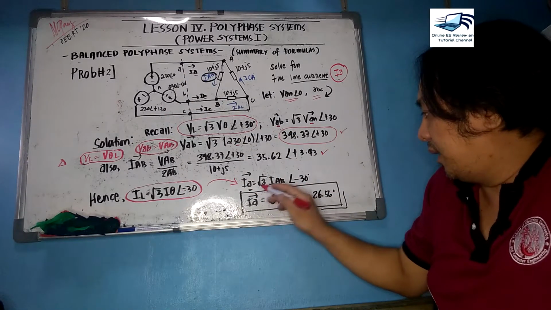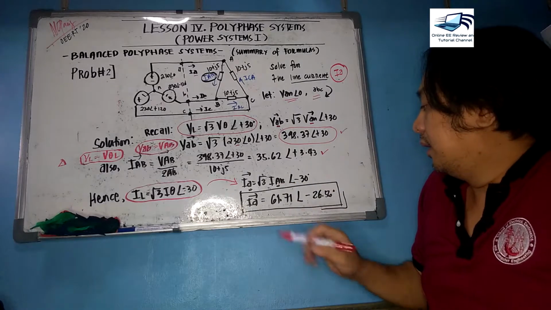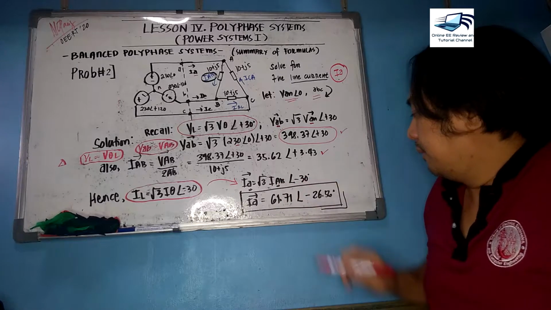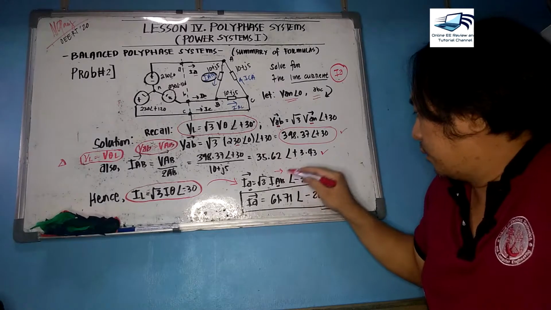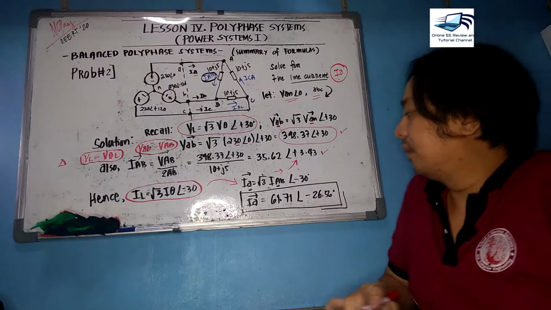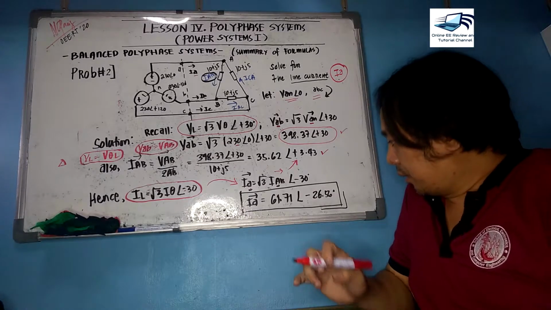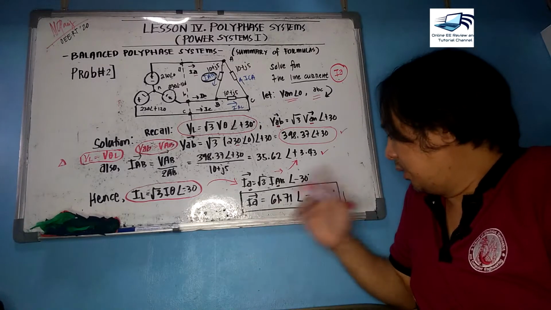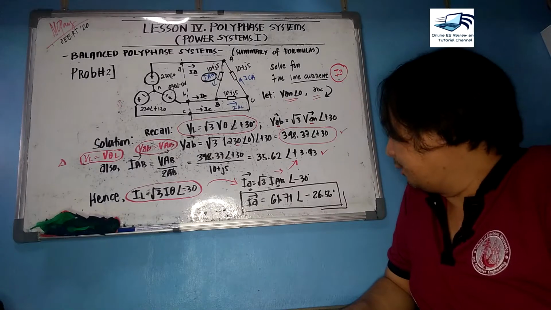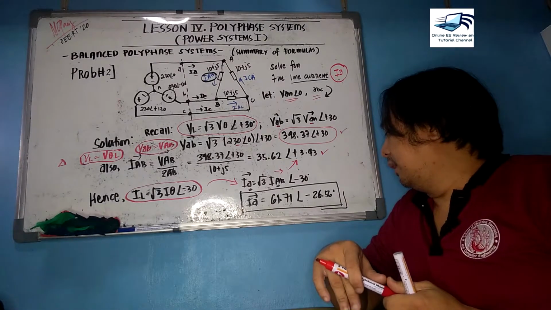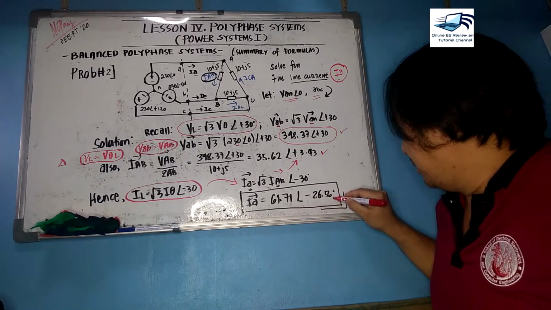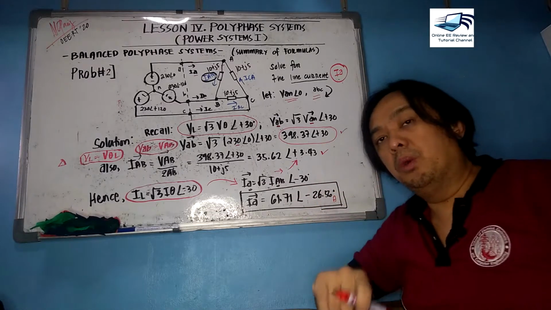Yes, it must have the same letter here. Square root of 3 and then lag by negative 30. And please take note, this vector here is this value. So just substitute. The answer on this problem is 61.71∠-26.56° amperes. So just get only one.